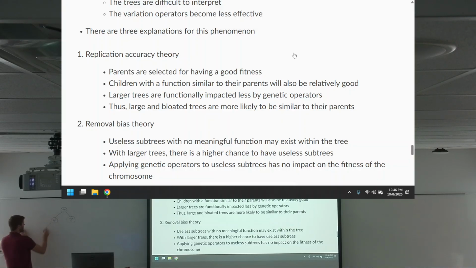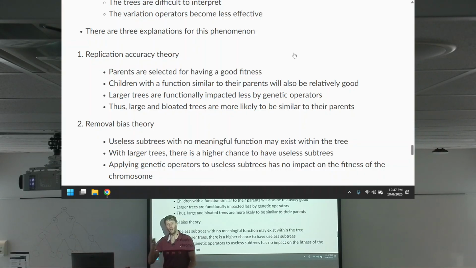But if you've got an arbitrarily large tree, as I go down, I have more nodes. And if I pick one and do crossover at this point, suddenly this has a much smaller impact. Thus, these larger trees are less likely to be harmed.